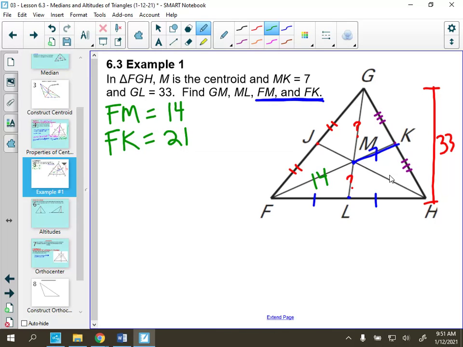Let's see if this makes sense here with the 2/3, 1/3. Sometimes what people will do is take the full segment here. Take this full median length and say, I want to break it into thirds. All right, I got a point there. If I cut this one in half, look, we end up with 1, 2, 3 equal pieces. I know I'm using tick marks again that we already used, but I end up with 3 equal pieces.